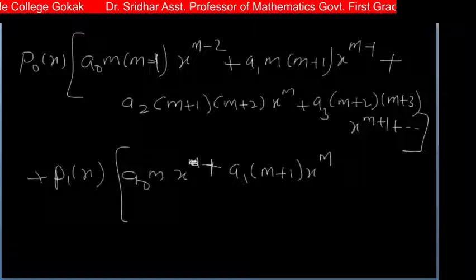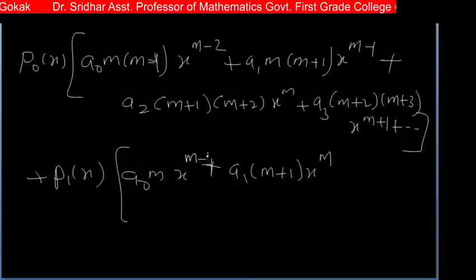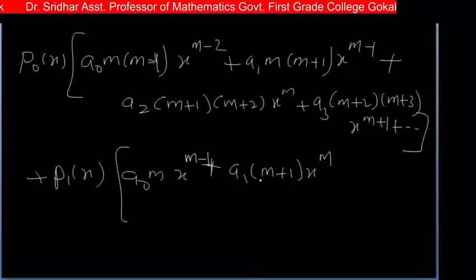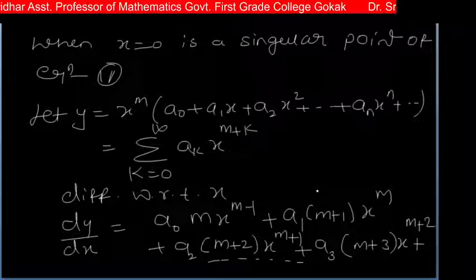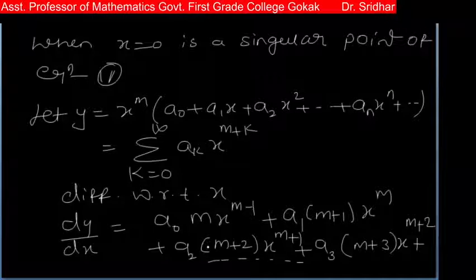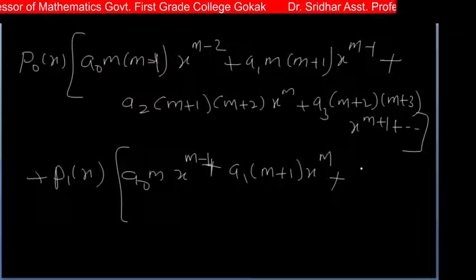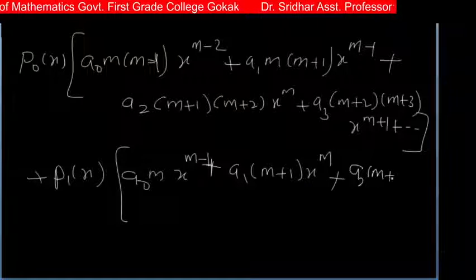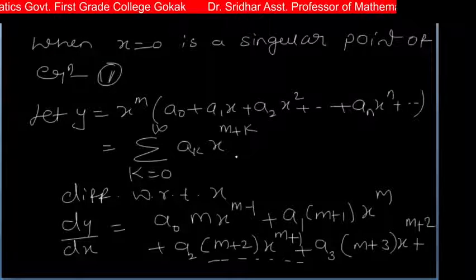So here it should be x to the power m minus 1, it is x to the power m. Then plus a2 into m plus 2 into x to the power m plus 1.